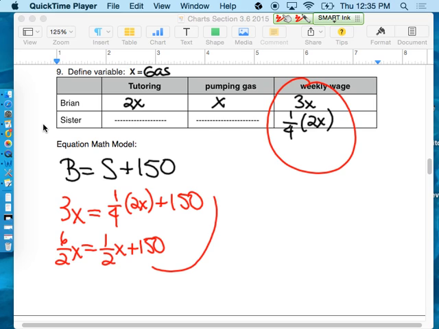And then I'll move over here just to give myself some space. So that means that I now have 5/2 x equaling 150. x is 60. So that means that Brian earns $60 pumping gas, $120 tutoring, and I'm able to answer anything that's asked about the question from that point on.